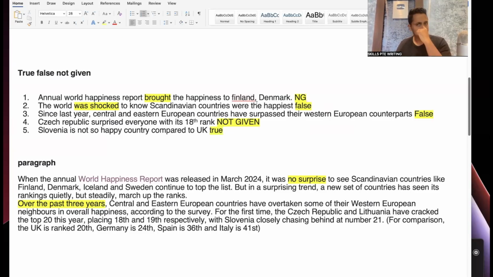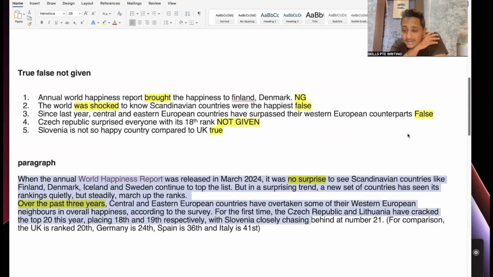Any doubts? This is all with respect to the report that this particular thing is published in, the Annual World Happiness Report. Any doubts? Kavita, it's the happiness report. 21st to 20th is what? Rank 20 is what? It is the happiness index, happiness report.